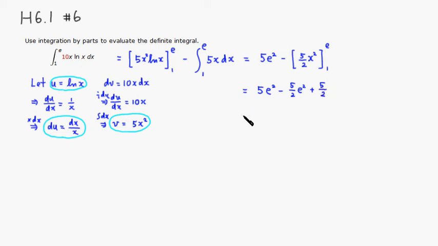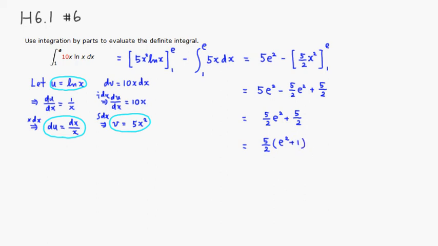So it's 5e squared minus 5 halves e squared, which would be 5 halves e squared plus 5 halves. We can make it look a little better by pulling out 5 halves. Then you would have e squared plus 1.